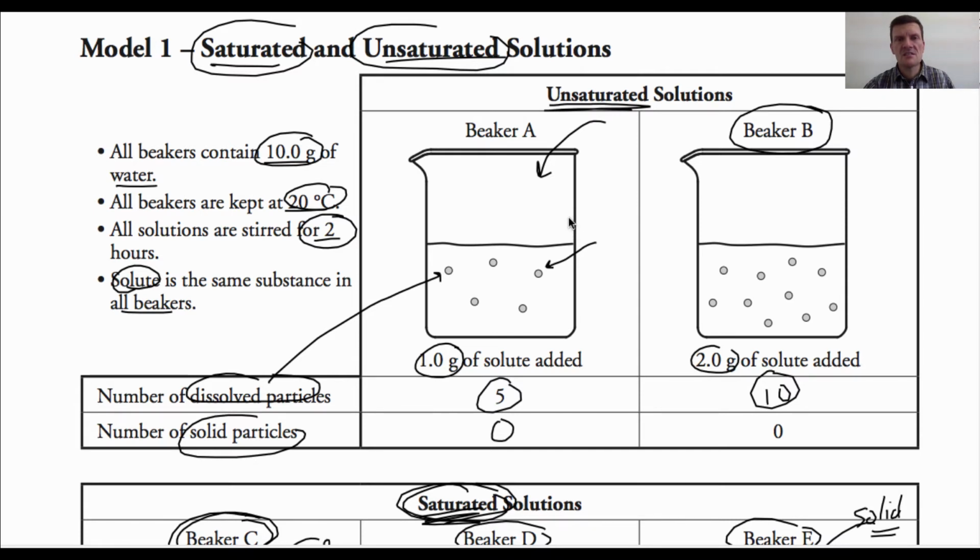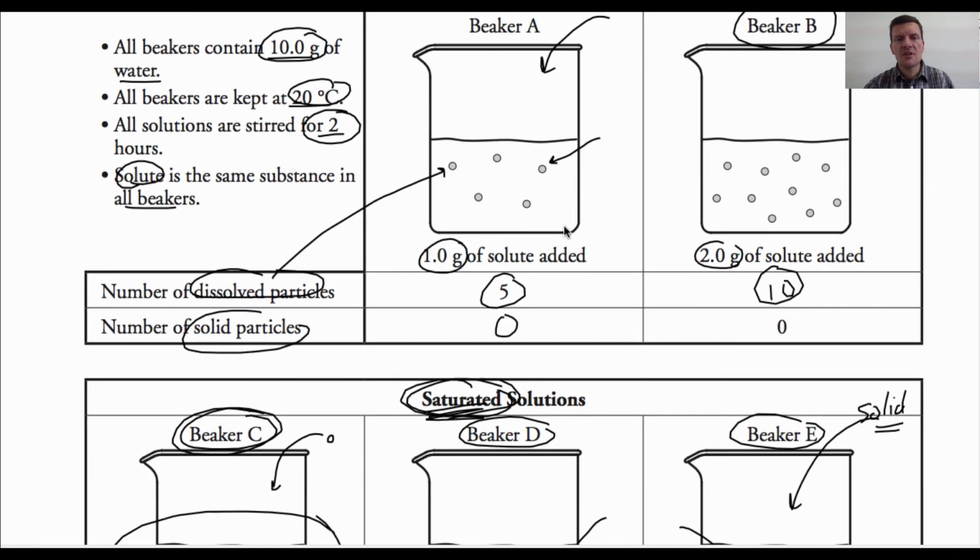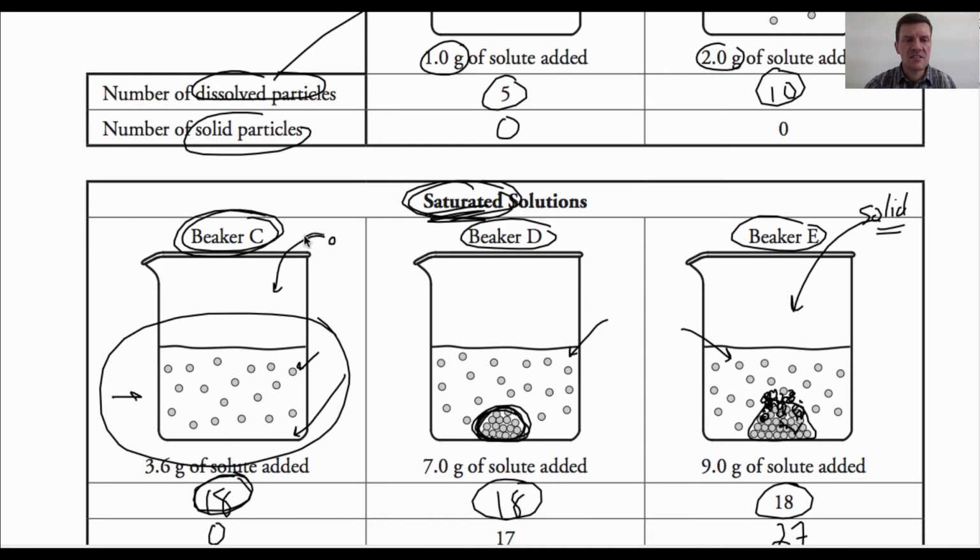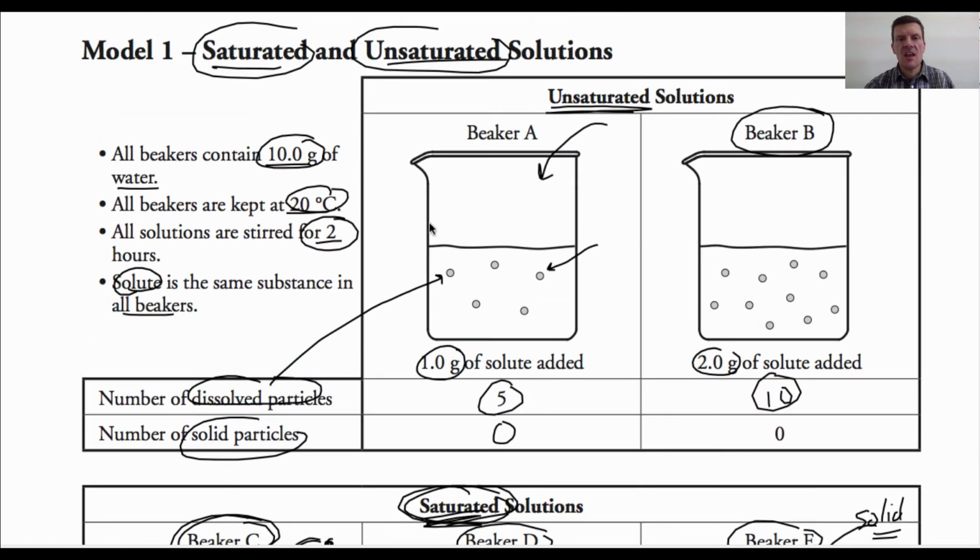What you can tell is if it's saturated or unsaturated by adding more. You take a small amount of solid and you put it in there, and you stir it up, and if it's able to stay dissolved, then it was unsaturated.